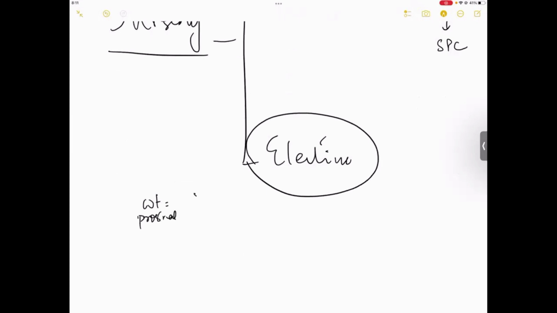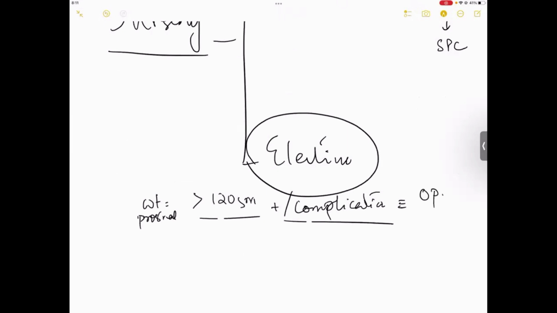Anything greater than 120 grams or anything with a complication like a stone in the bladder, etc., or a diverticulum should call for an open prostatectomy, which nowadays is very rarely done. But if it is at all done, you go by the retropubic or the Millin's prostatectomy.